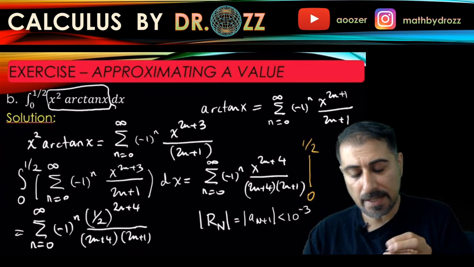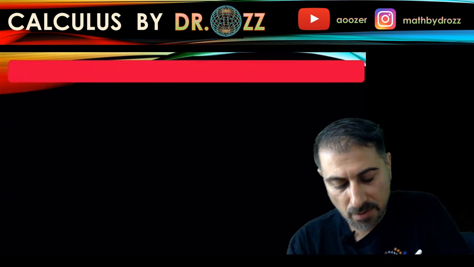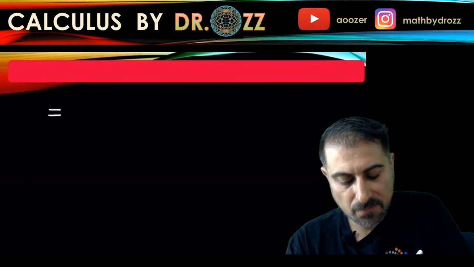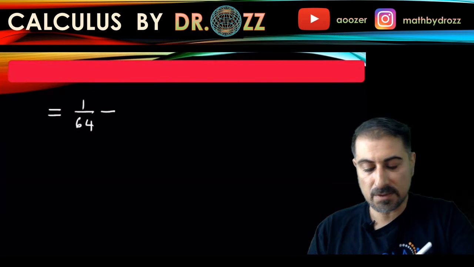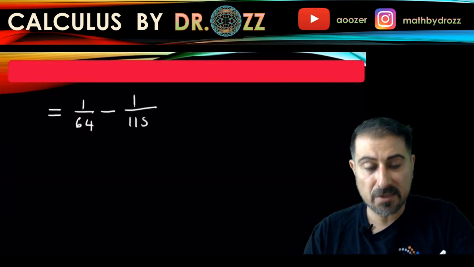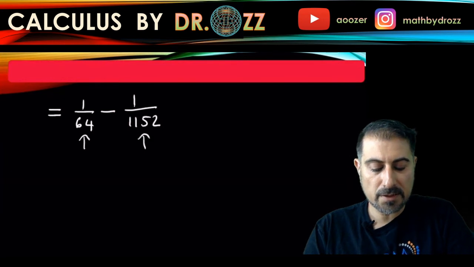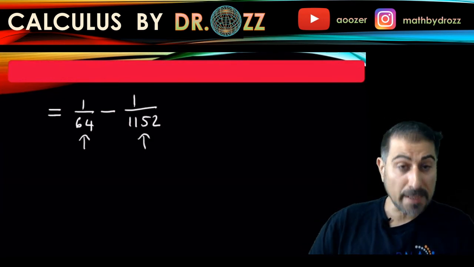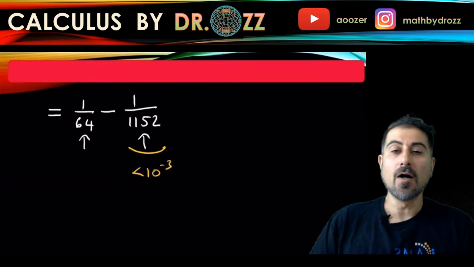So what I mean by that is if you list the sum for n equals 1, you get 1 over 64 minus 1 over 1152. So this is the very first term, this is the very second term. And it turns out that this term here is less than 10 to the minus 3 already. So I'm going to make my estimation based on only one term.